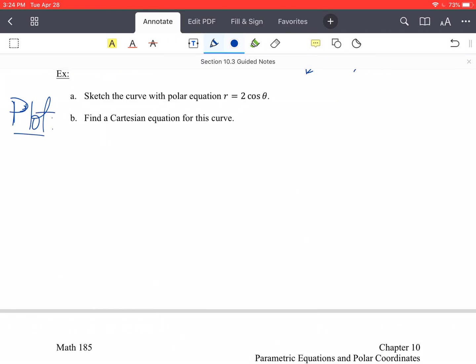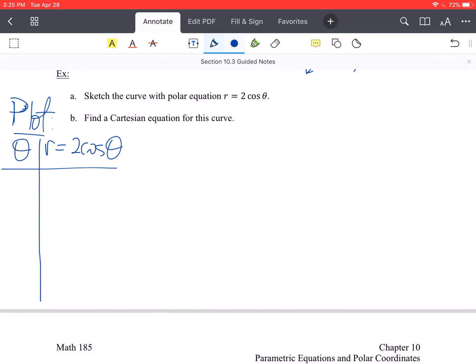We're going to look at some theta values and the corresponding r values, which is 2 cosine theta. That's given in the equation up here.